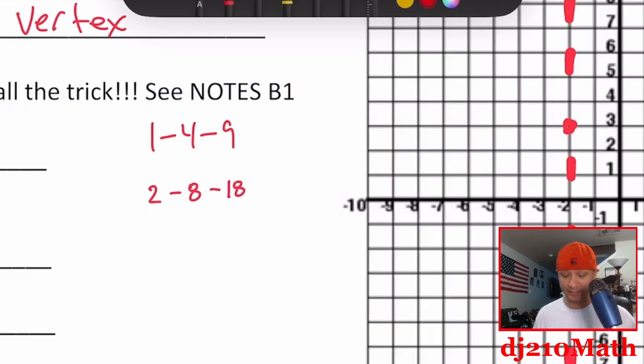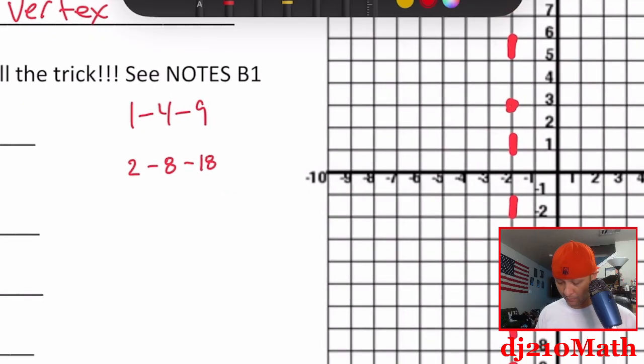I won't even get to the 18 because I don't have that many spots on here. So if I go over 1, I have to go down 2. If I go over 2, I have to go down 8. And if I go over 3, I have to go down 18. But again, 18 is going to be off the map, so I don't really care about that.